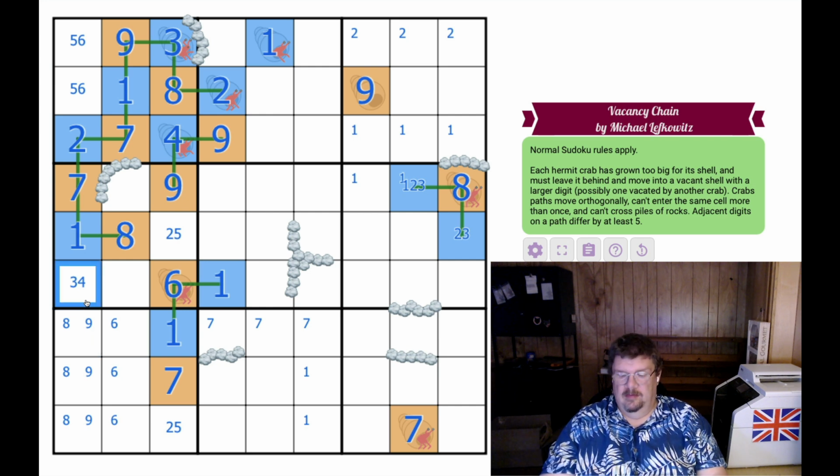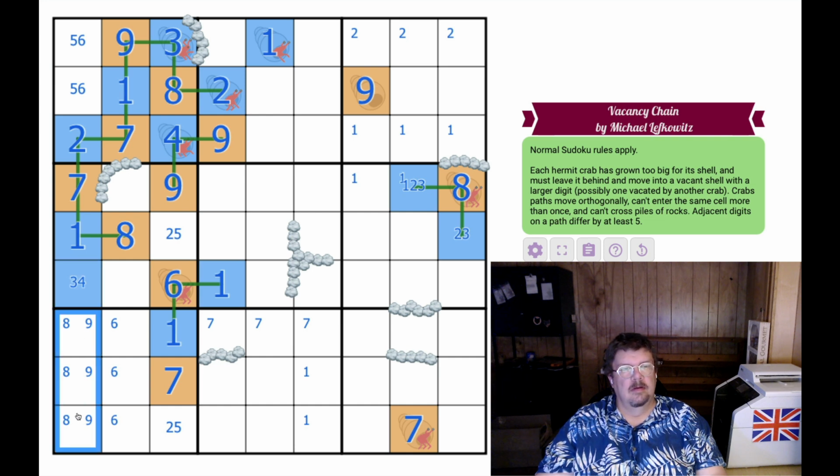And we know therefore that that's low. And we know that's off the path. And then this is 3, 4, 8, and 9. Definitely with an 8, 9 in there. And one of 3 or 4. We've got all the high digits.